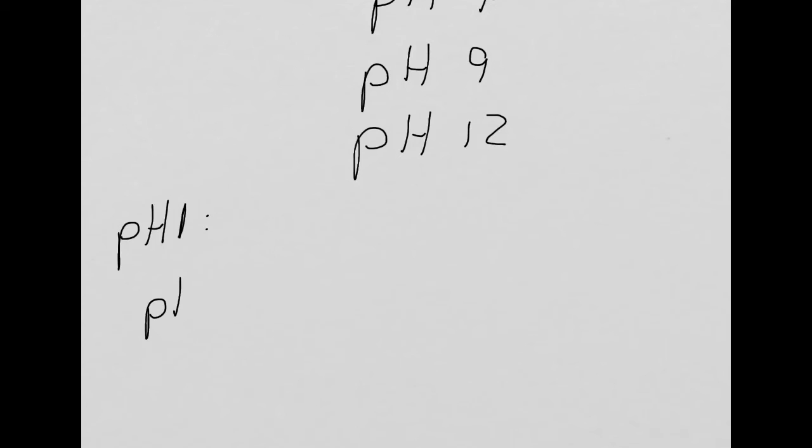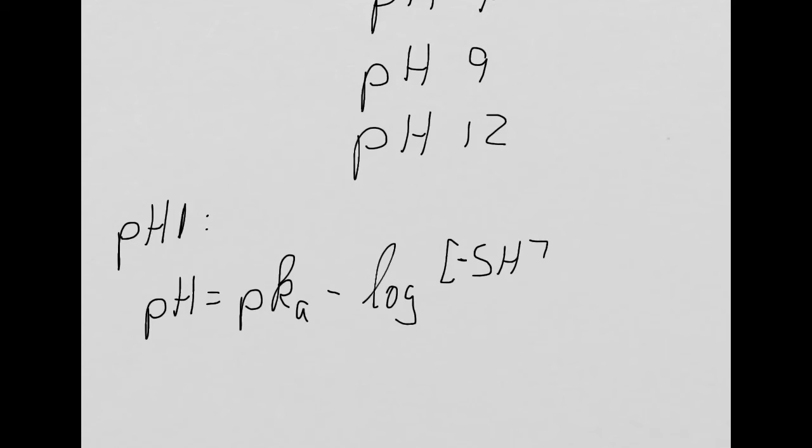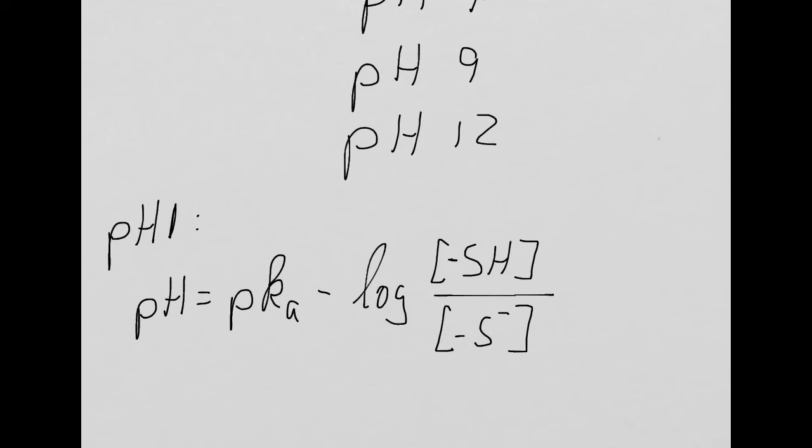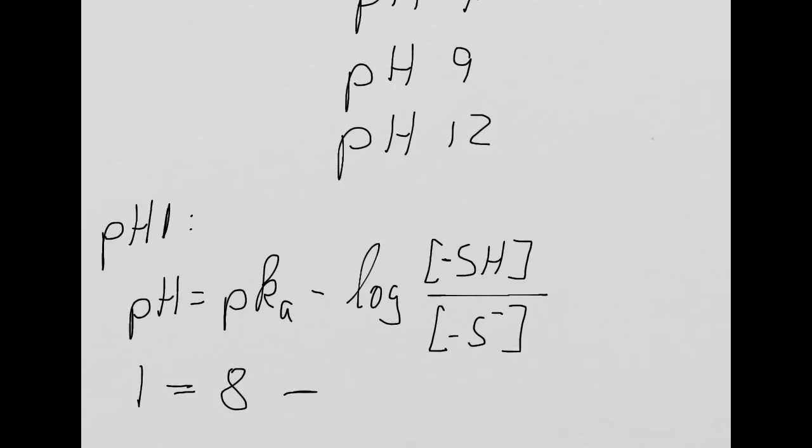pH equals pKa minus log of the SH form, that is the acid, divided by the base form. Now we know that the pH is 1, because that is what we put it in, equals 8 minus, what is this bit here?